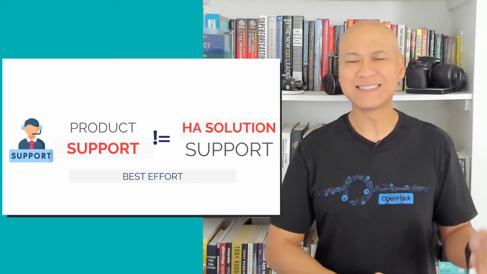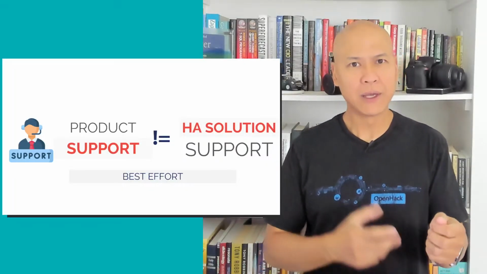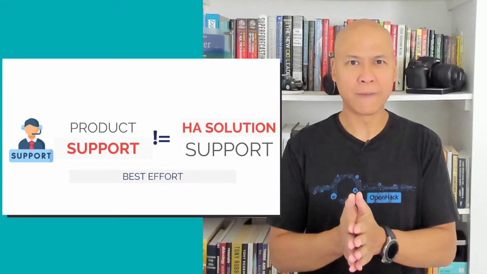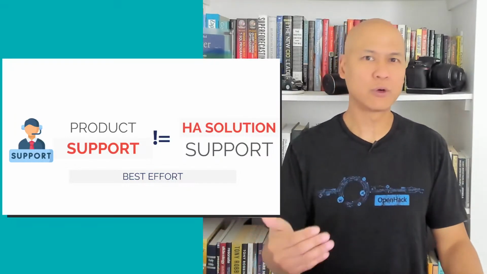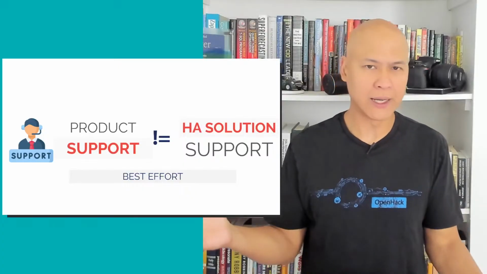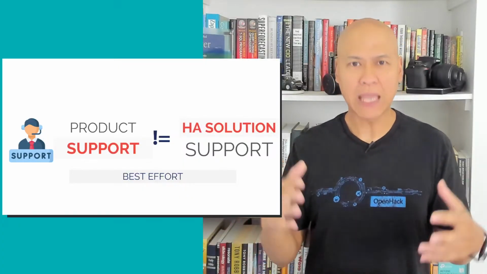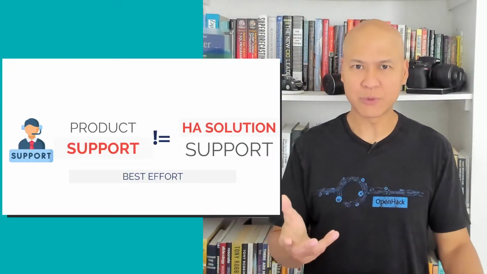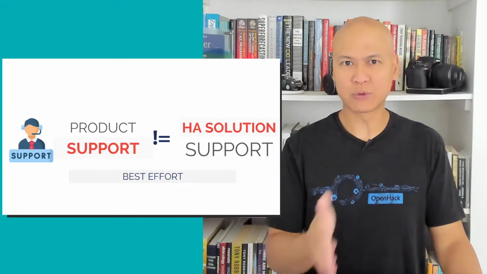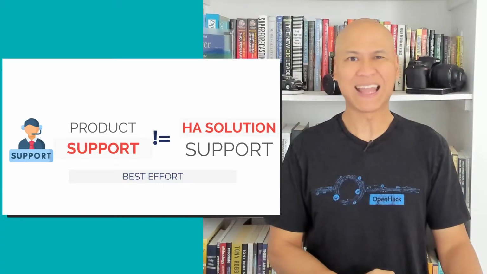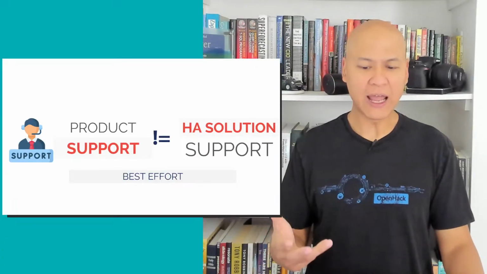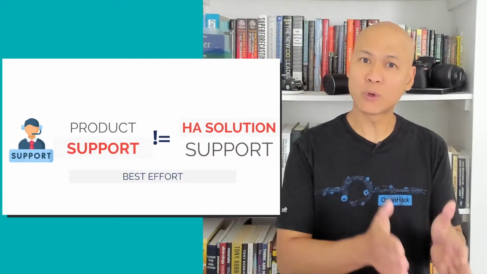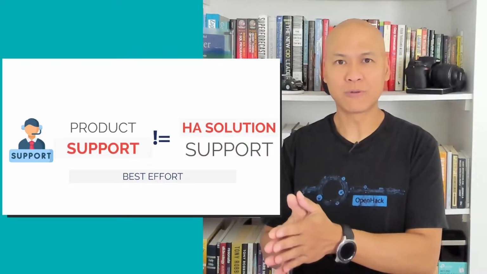Your vendor is not going to tell you about product support versus HA solution support, and the approach would always be best effort. If they have capable engineers on board, if they have database administrators who know your SQL Server HA solution inside out, sure, they would. At the end of the day, you have to really understand that product support or app support is not the same as support for the HA solution.